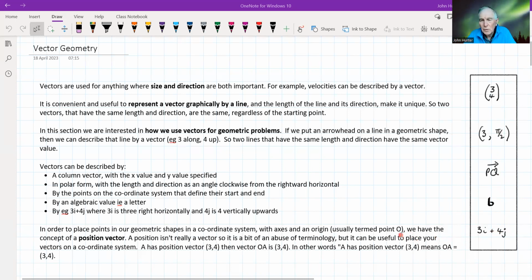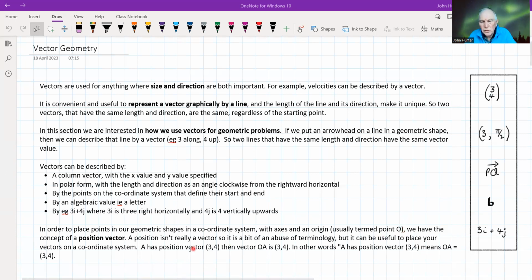We also come across the idea of a position vector. Everything we can do with vectors, we can do in just some space, where the sizes are important, but we don't really have any coordinate system. So the idea of a position vector allows us to put our geometric shapes onto some coordinate system.